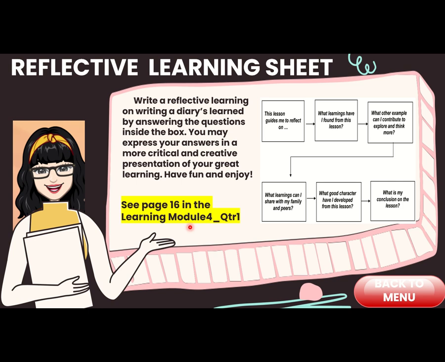Okay, so you're going to write a reflective learning on writing a diary, answering the questions inside the box. You may express your answer in a more critical and creative presentation of your great learning. Have fun and enjoy! You can see page 16 in the learning module for quarter 1.